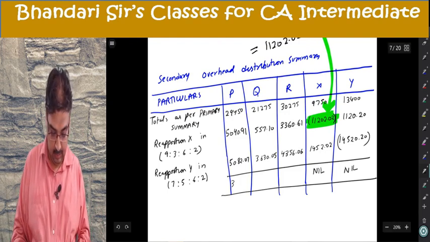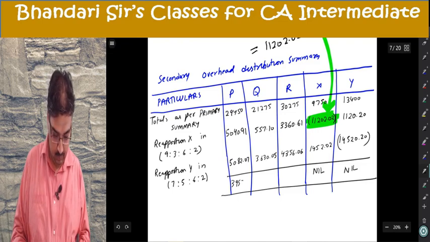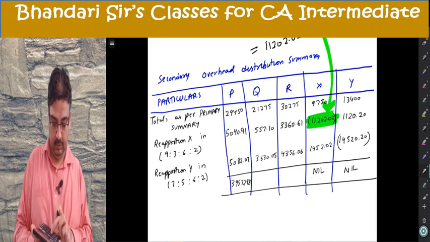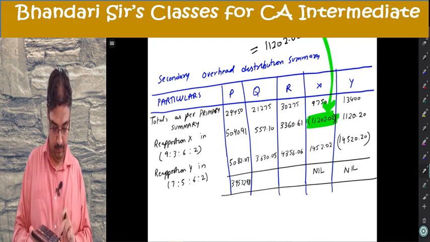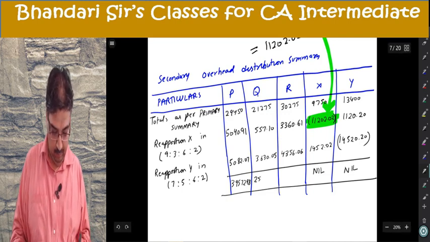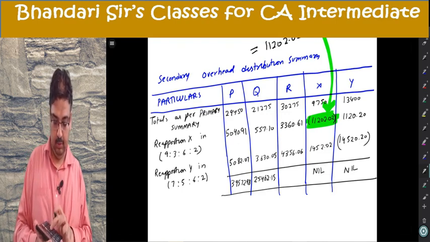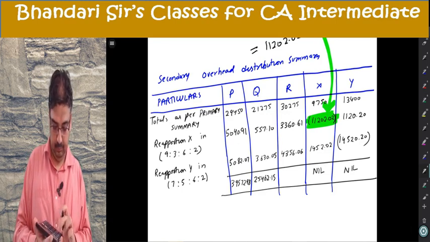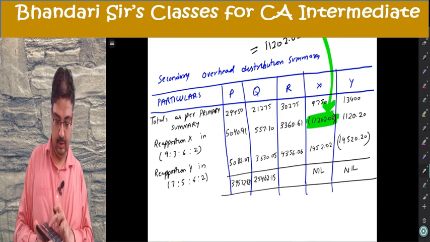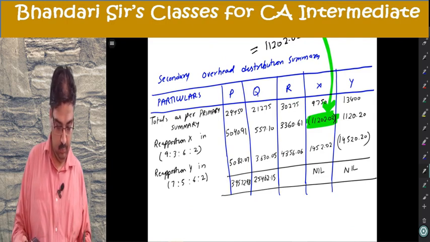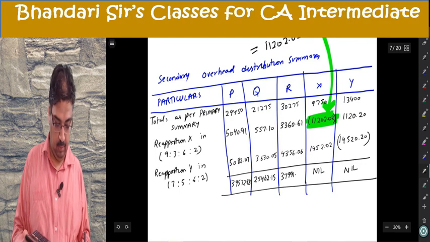The aggregate is 39572.98. 21275 plus 557.1, 3630.05, 25462.15, 30275, 3360.61, 37991.67.